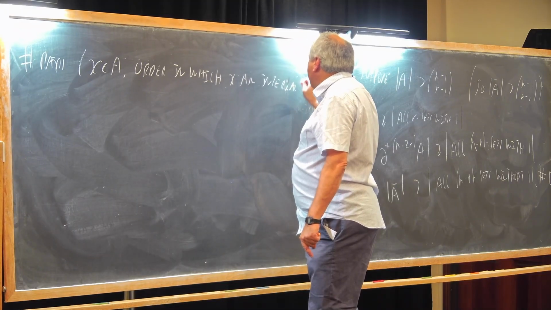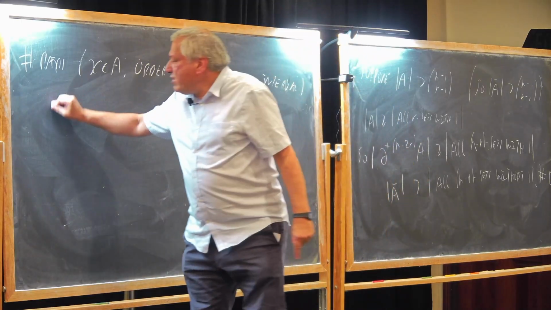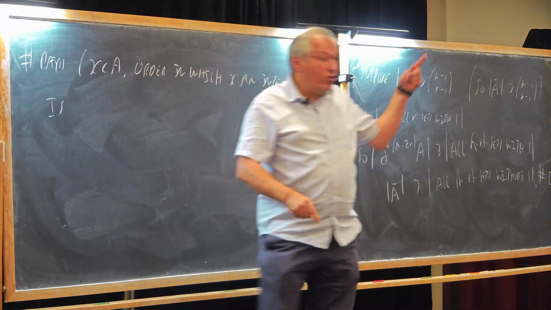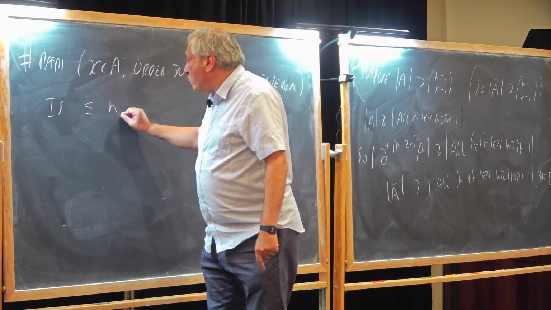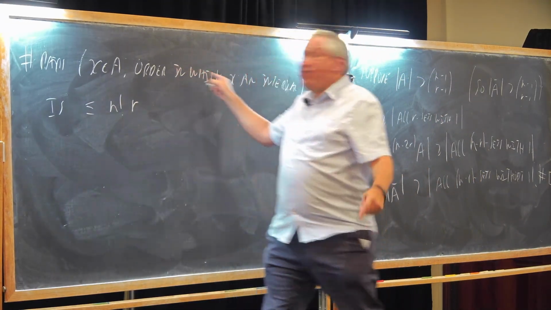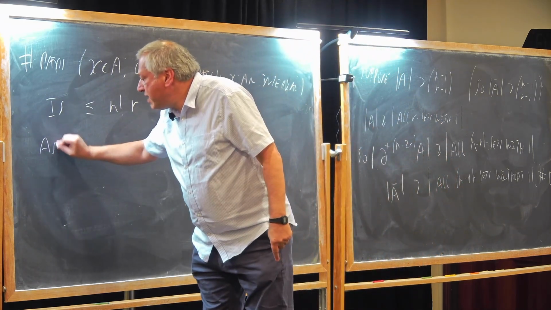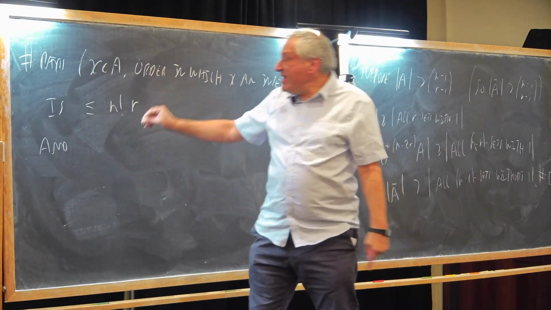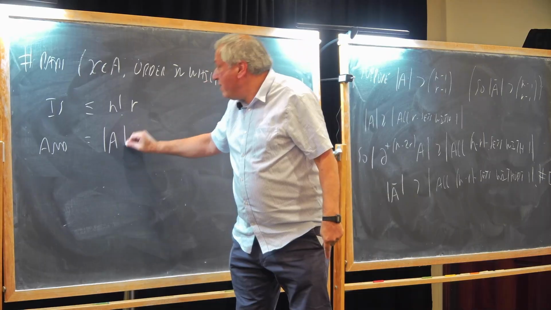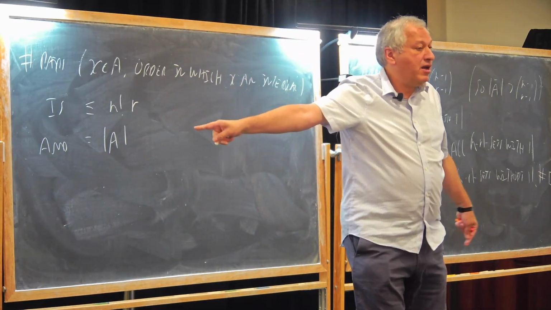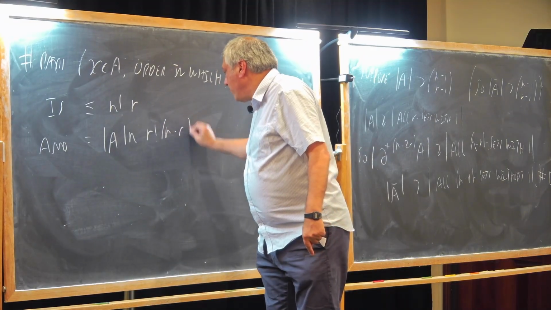What do we know about the number of these pairs? On the one hand, for each order there are at most R intervals. So it's definitely at most n factorial times R. And at the same time, it literally equals: you pick an R set in A, that's the size of A, and then you know it's exactly that number there, n times R factorial times n minus R factorial.